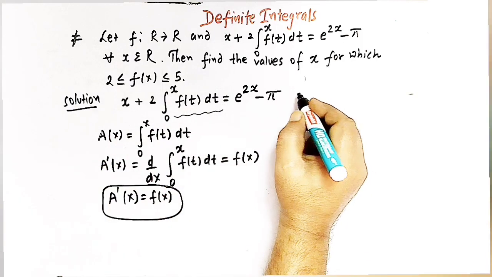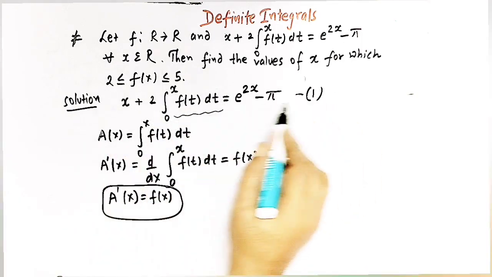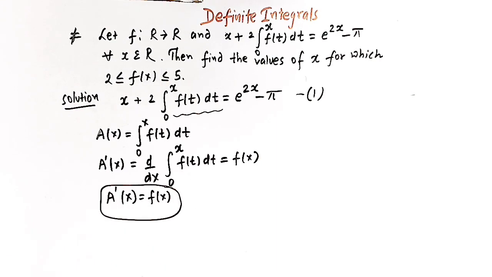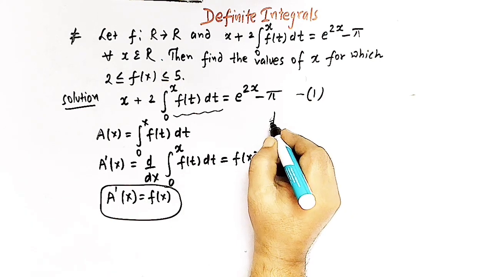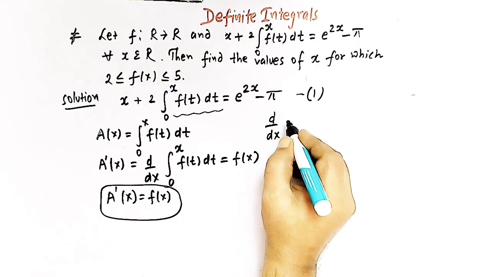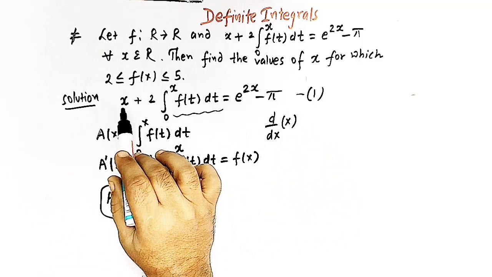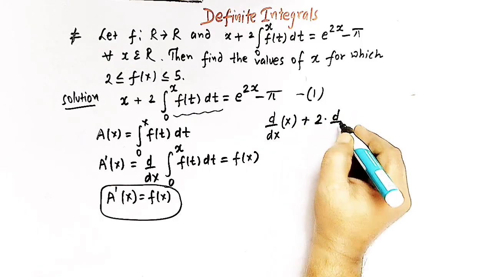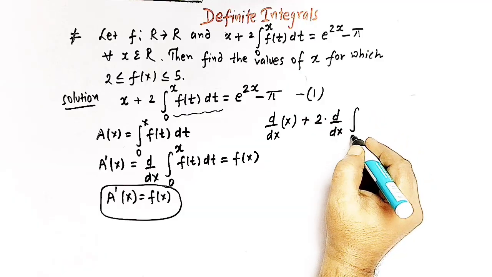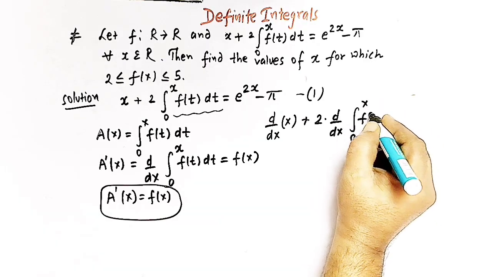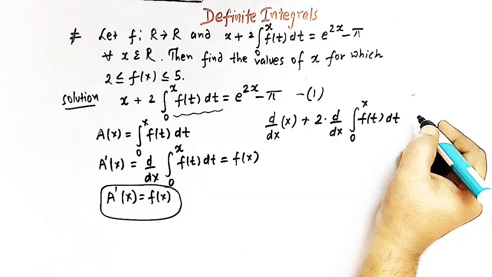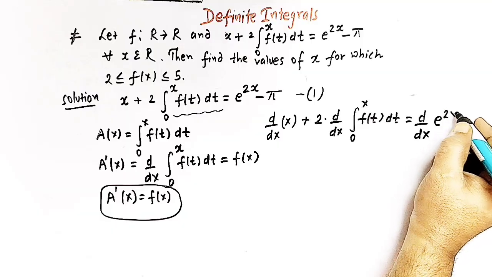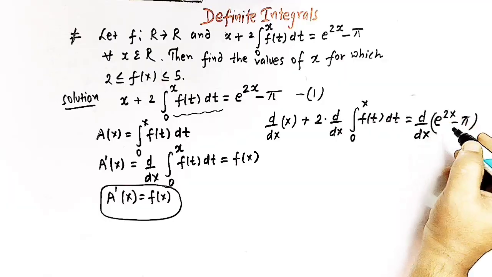So let us differentiate both sides of equation 1 with respect to x. So now we can write d by dx of x. The first term is x, and then we have 2 times the derivative of the integral 0 to x f of t dt, and here we have d by dx of e raised to 2x minus pi, right?